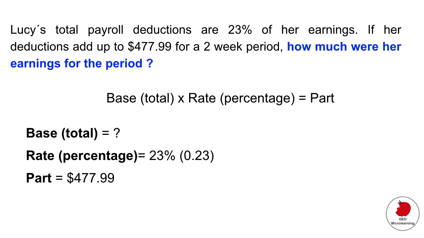So we know that during those 2-week periods, they deducted a certain amount of money. And what we want to find out is the total amount of money, okay? So basically, as we said, the base or the total would be our value that we have to find out. The percentage or rate, they give us 23%, and the part is that number there.